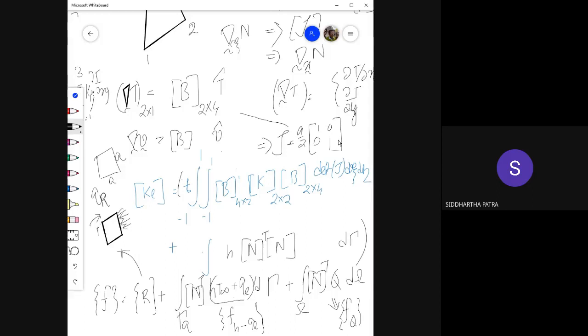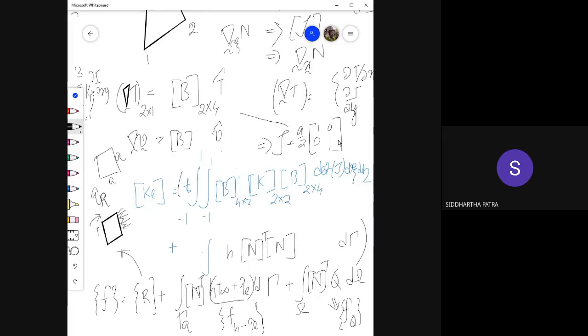It's a lot simpler set of calculations, because if you are working with displacement degrees of freedom, then the B matrix should be 8 cross 2 cross 3 cross 8. So huge size, 3 cross 8, and the matrix in the center would be the elasticity tensor, which would be 3 cross 3. So eventually the total product matrix should be 8 cross 8, but here you would be working with a 4 cross 4 matrix.